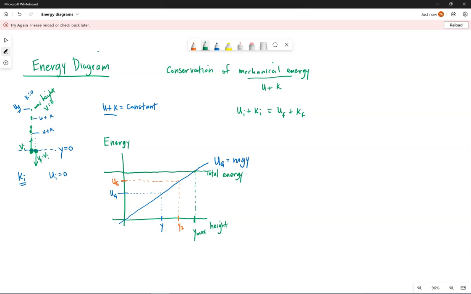So the rest of this line that I drew for gravitational potential energy, theoretically the potential energy can get bigger and bigger and bigger. But in any one given situation, the ball's going to reach a specific maximum height. And as we mentioned, at that moment, the kinetic energy has to be 0. By total energy, we mean potential plus kinetic. So if at that moment the kinetic energy is 0, it's all potential.